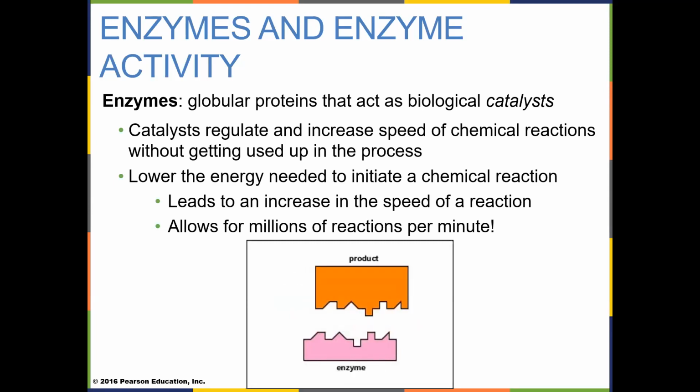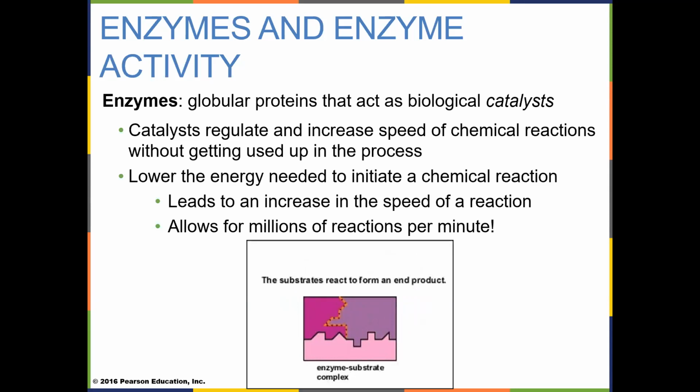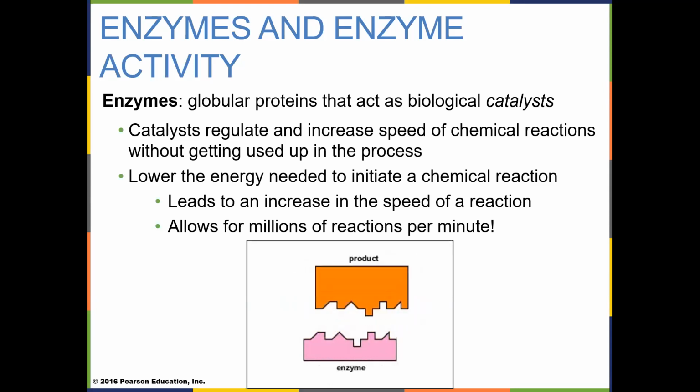And then someone else comes up and they shake hands. And someone else comes up and brings them together. They're randomly circling around and you just keep bringing them together. That's a whole lot faster than waiting for them to randomly move around and bump into each other and shake hands. That's what enzymes do. They bring the reactants together simply by being there in large quantities.